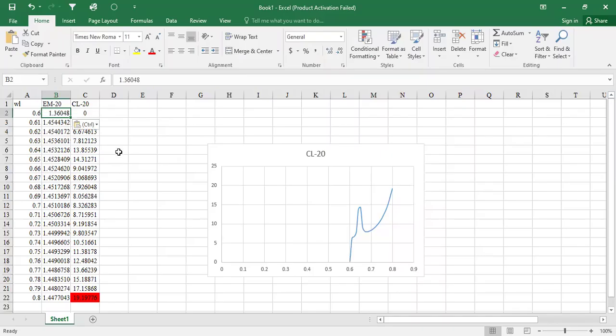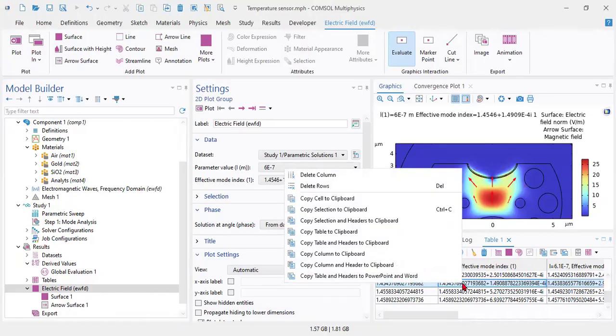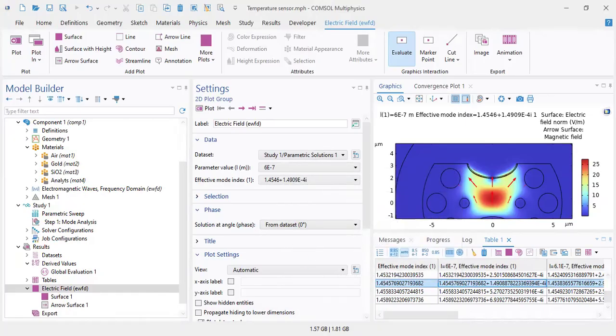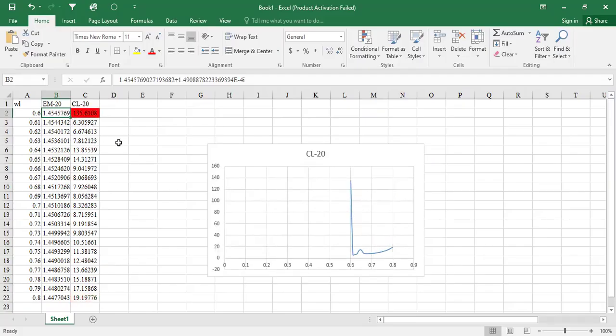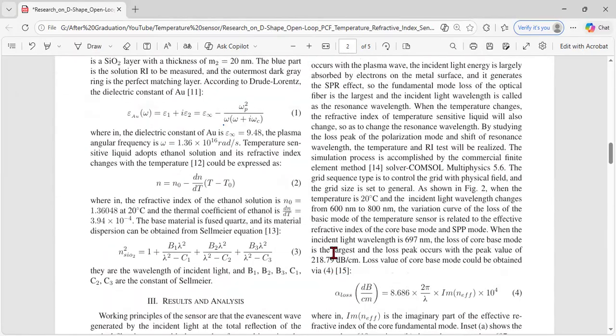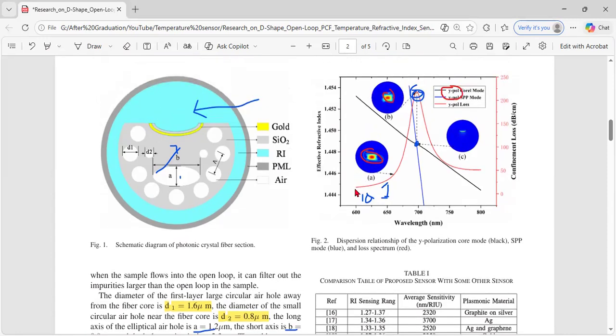Paste it here. For 600, click here, Control C, copy to clipboard, Control V. Yeah, you can see that the loss is very high, 135. So in the paper, you can see that for 600 nanometer, the loss is not that much high actually.